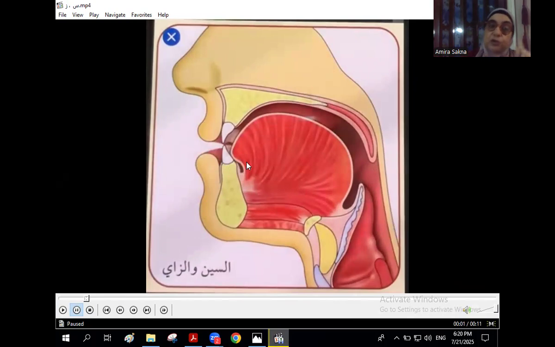Because now we are going to revise upon the articulation point of zal. So do not mix between them. Zay has this articulation point, and the zal is a completely different one. This is from where we pronounce the zay. Fine.